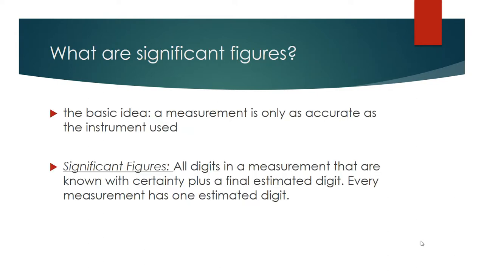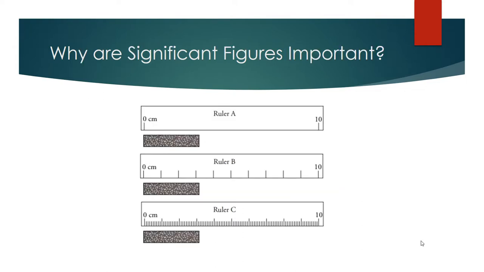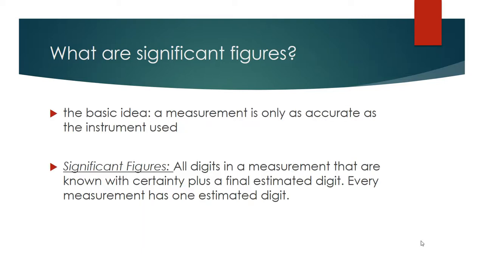The basic idea is that when you make measurements, they can only be as accurate as the instrument that you used. So if you had ruler A versus ruler C, what you could record as a measurement for that object is going to be significantly different.